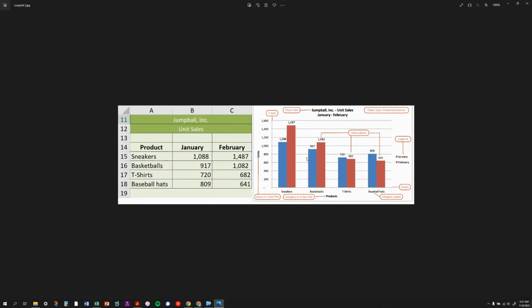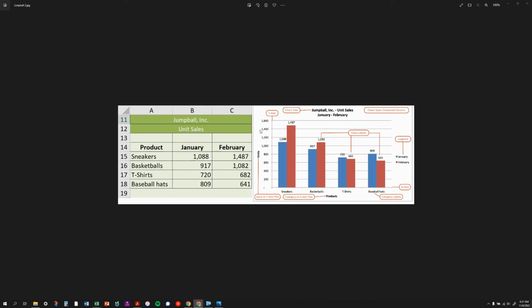there is certain information that is translated. For example, this green table here, we created a chart for that. Notice this data was transformed into this chart, but you have to understand the different labels that go with this. As you can see, we've got our y-axis and our x-axis here. X is always going to be the horizontal, and y is going to be the vertical. We've got our chart title here and the chart type, which is a clustered column.